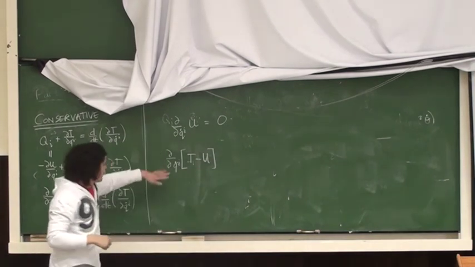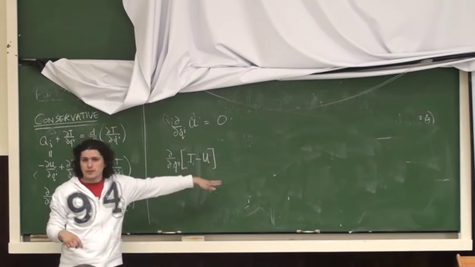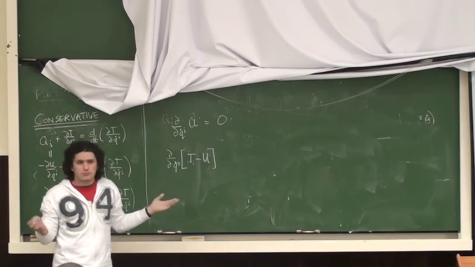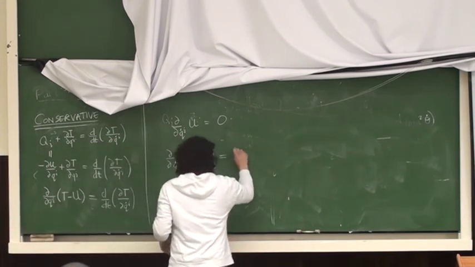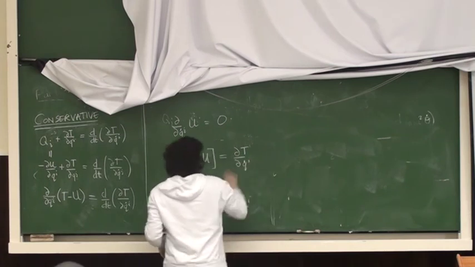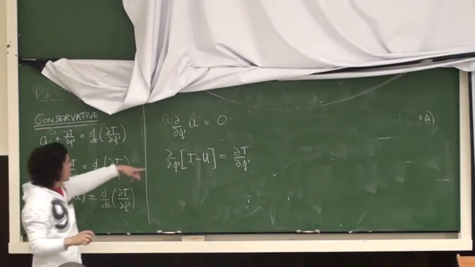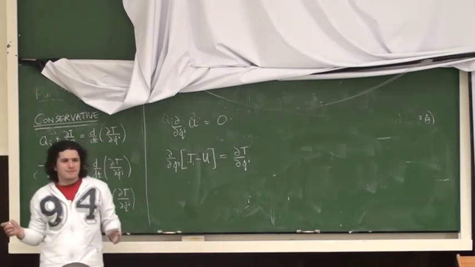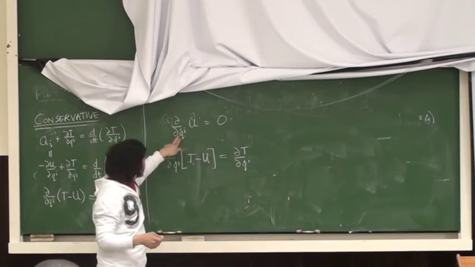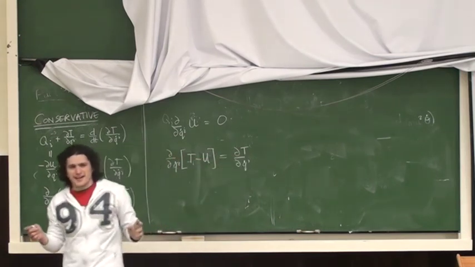Differentiation is a linear operator, so that's just the derivative of T minus the derivative of U. But the derivative of U, as we've just shown, is 0. So this is just ∂T/∂q̇_i. No black magic going on. What we've done is notice that U is independent of velocity.